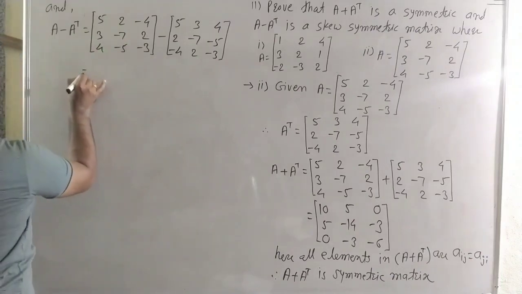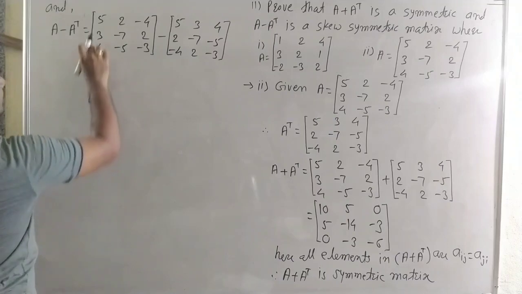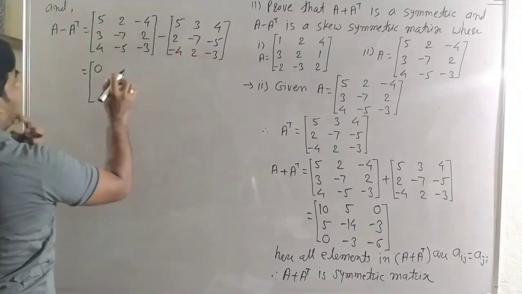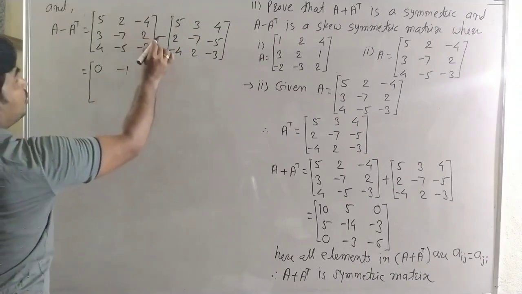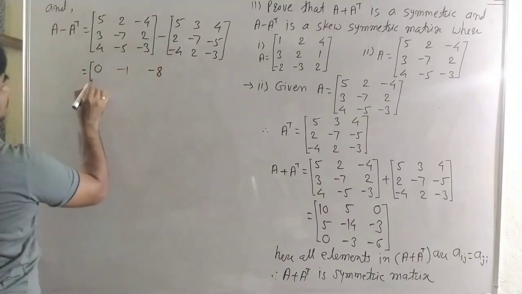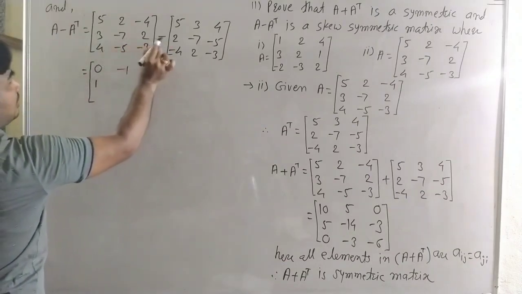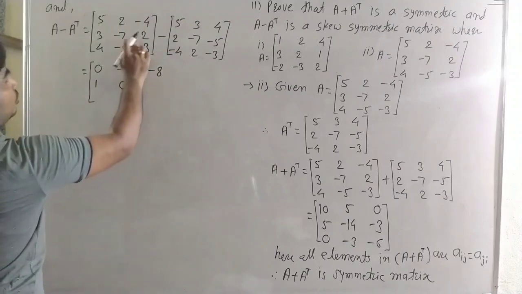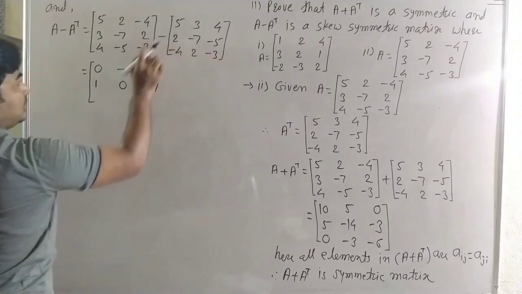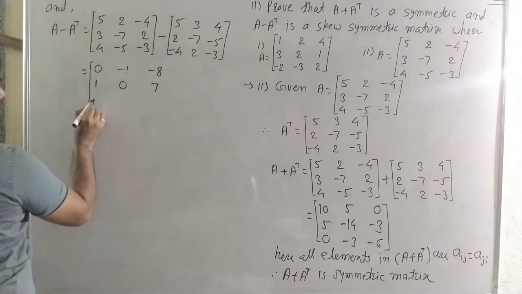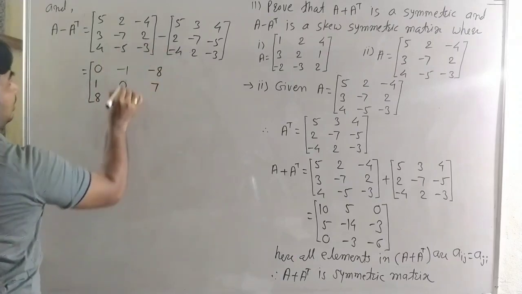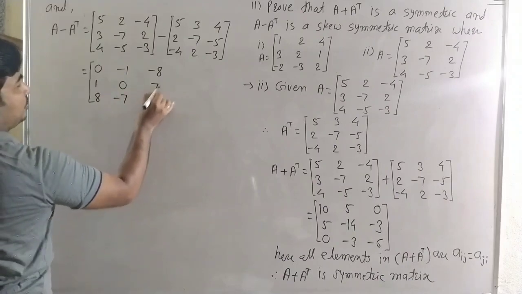Okay, therefore the subtraction of the corresponding elements, 5 minus 5, it is a 0, 2 minus 3, it is minus 1, minus 4 minus minus 4, it is minus 8, 3 minus 2, it is 1, minus 7 minus minus 7, it is a 0, 2 minus minus 5, it is 7, 2 minus minus 5, that is 2 plus 5, 4 minus minus 4, it is 8, minus 5 minus minus 2, it is minus 7, and minus 3 minus minus 3, it is a 0.